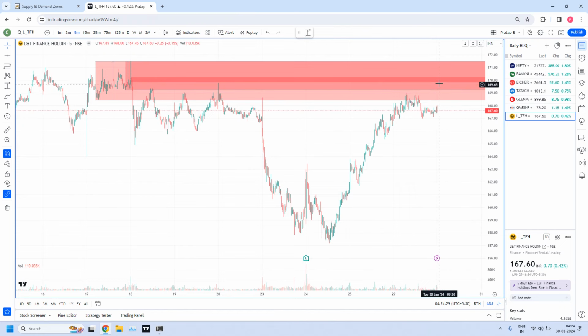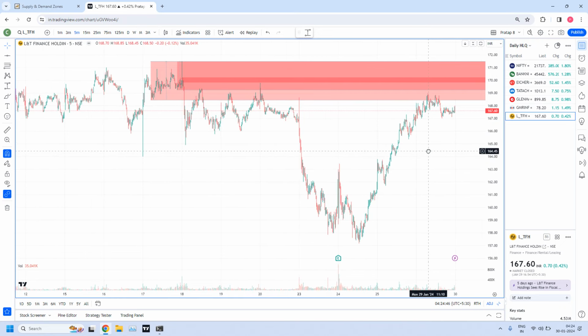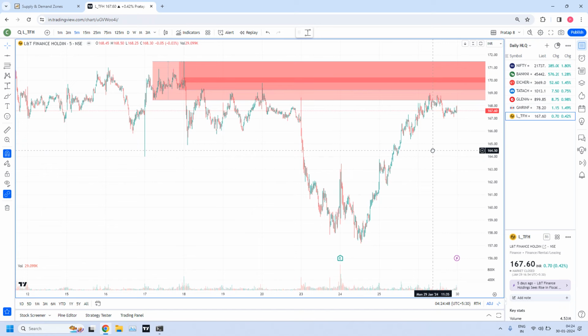That's why I'm not saying tomorrow it will not work. It may work. But the volatility from today's close till the zone has to be calculated. That calculation will be done by the software. That is a complex calculation in the software.